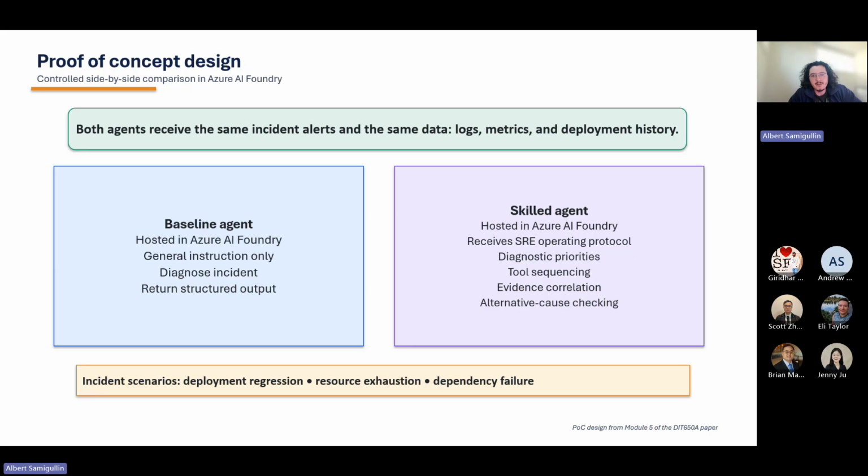The baseline receives a general instruction to diagnose the incident and return structured output. The skilled agent receives a site reliability engineer operating protocol that defines diagnostic priorities, tool sequencing, evidence correlation, and alternative cause checking. So the goal here is to observe whether the skilled agent produces better diagnostic output across the same scenarios.